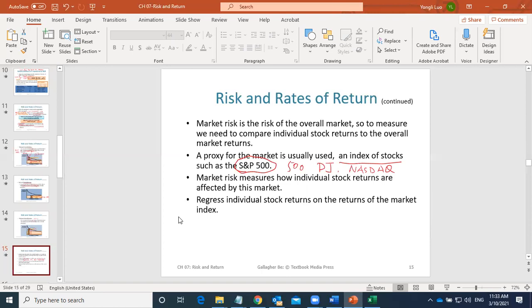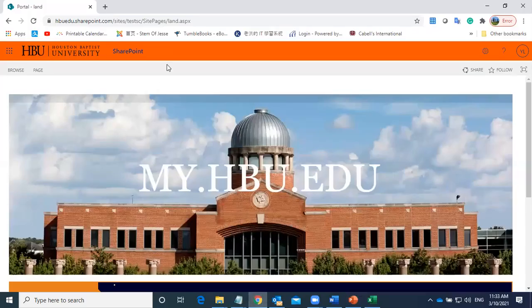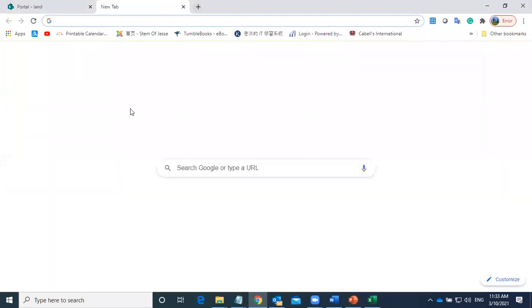S&P 500 is a stock market index including 500 stocks to represent the whole market. In the United States, we have S&P 500, the Dow Jones, and also the NASDAQ. Those are the three major indexes in the US financial market.